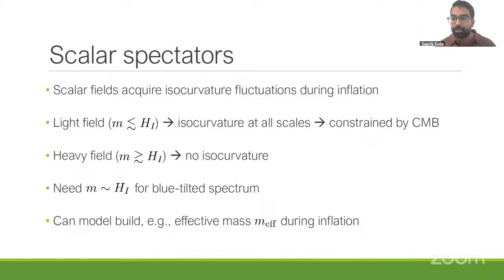You have to be careful if you're giving fluctuations on large scales. On the other hand, if the field is very heavy, if its mass is much higher than the Hubble inflationary scale, then typically you expect no isocurvature fluctuations at all. So basically, you typically expect either to be constrained or get no interesting signals at all.